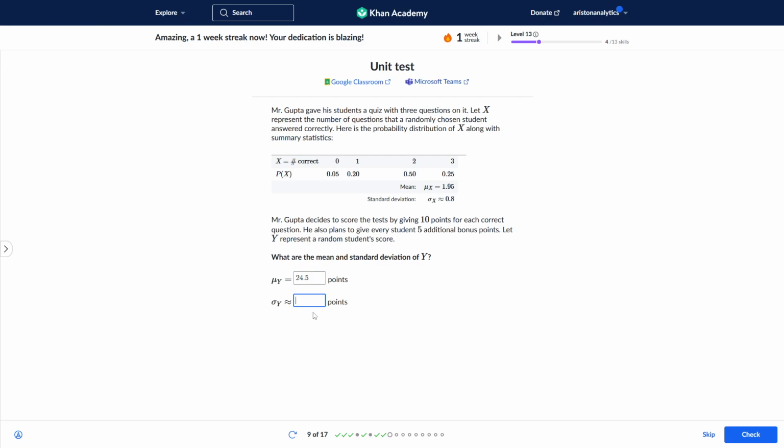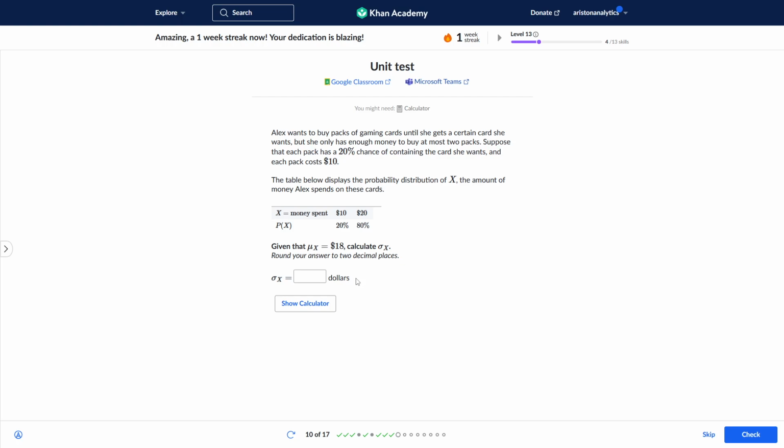And then addition doesn't affect standard deviation, but multiplication does. So calculate standard deviation x.